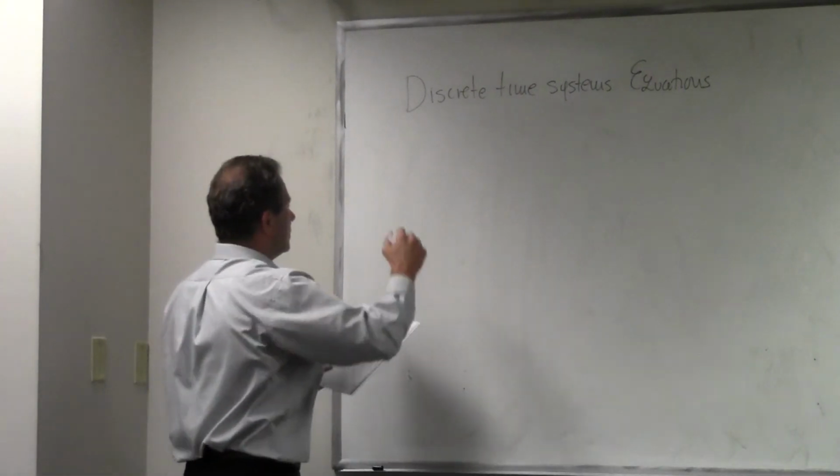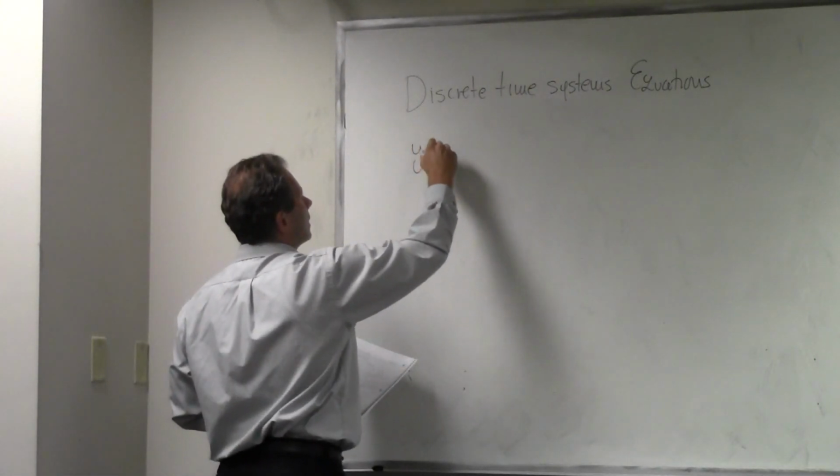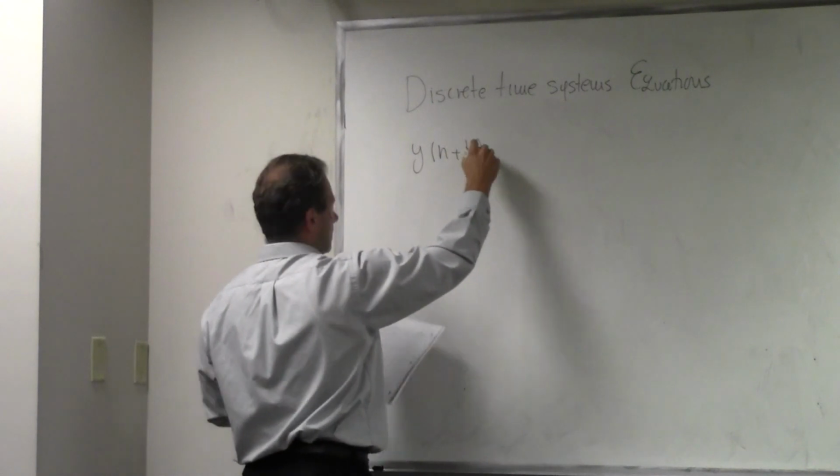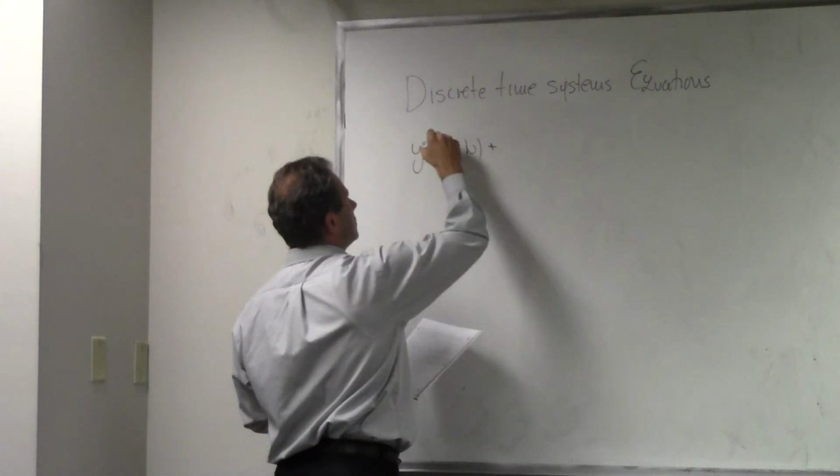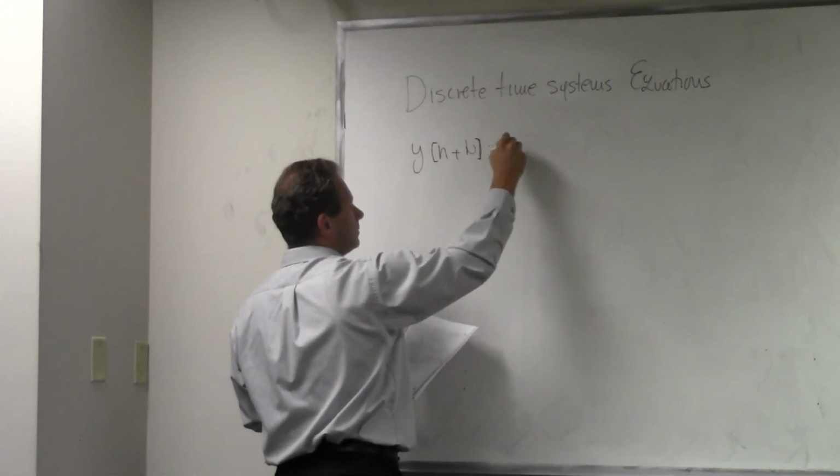Difference equations are of this form: y of n plus n, plus, this should be squared, okay?